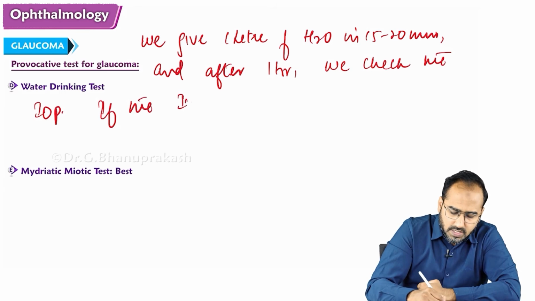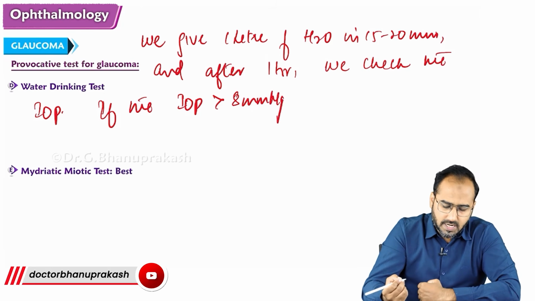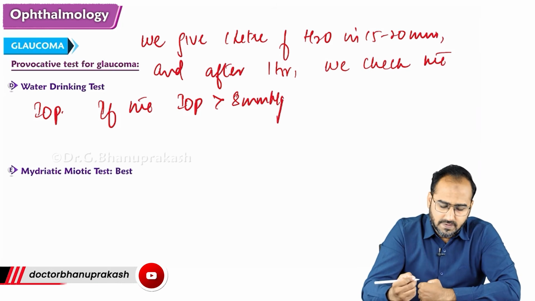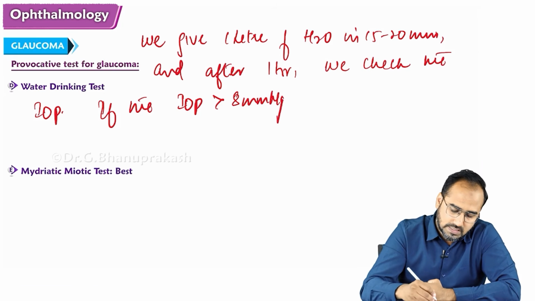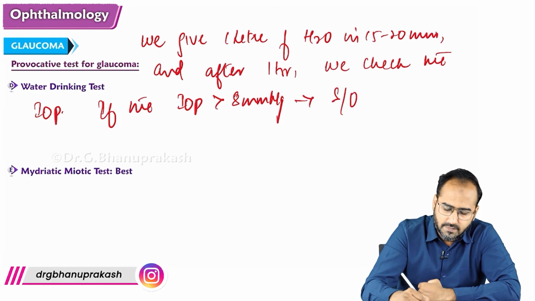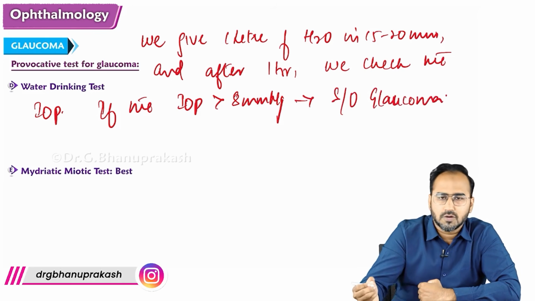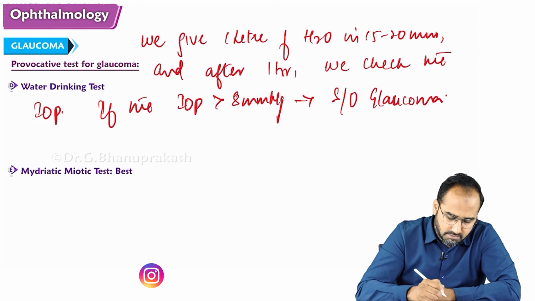If the intraocular pressure increases by more than 8 mm of Hg after drinking 1 liter of water, then it is suggestive of glaucoma. Okay?